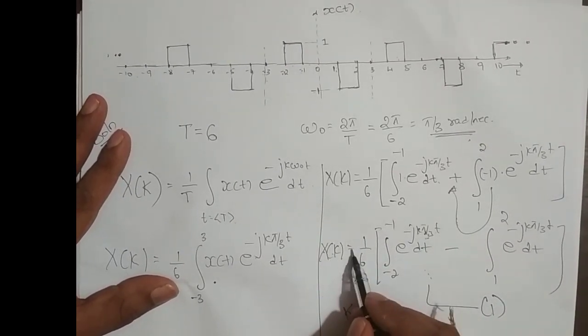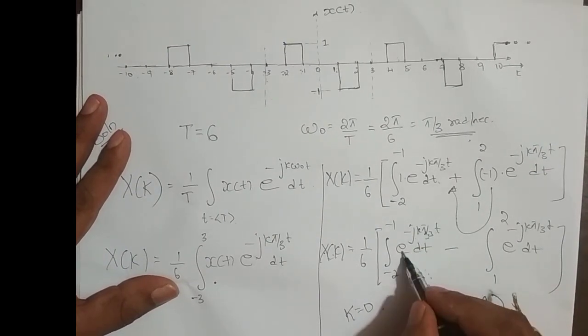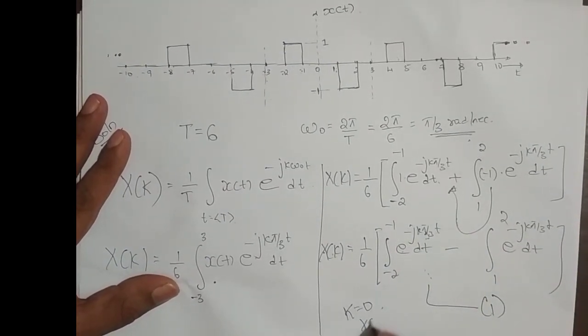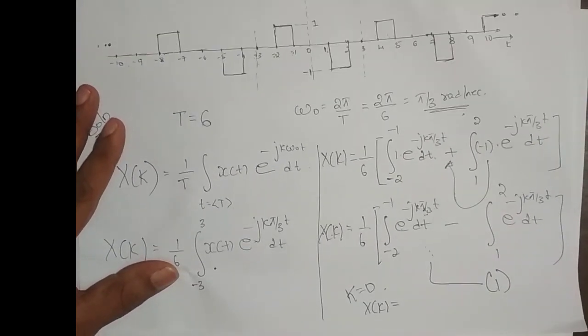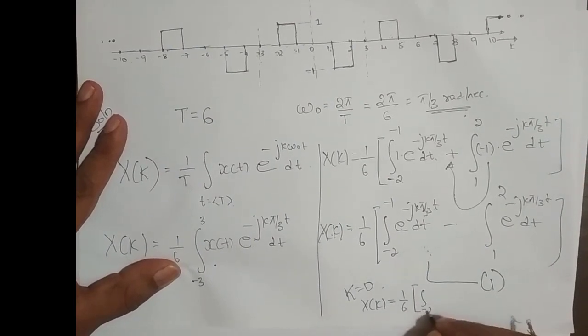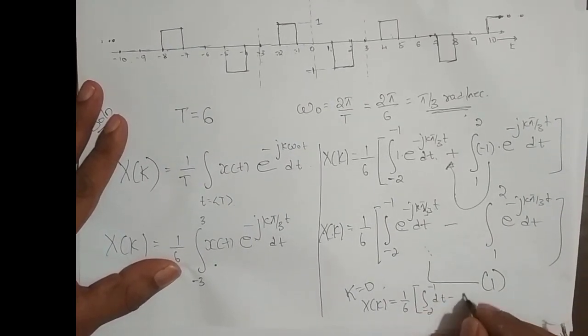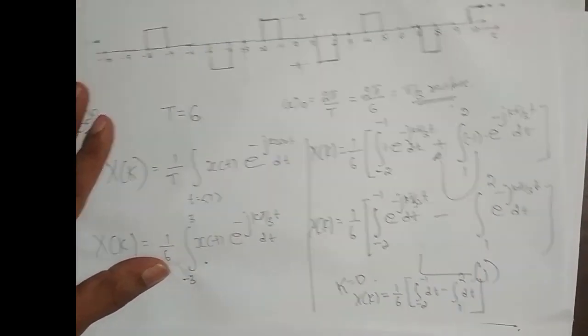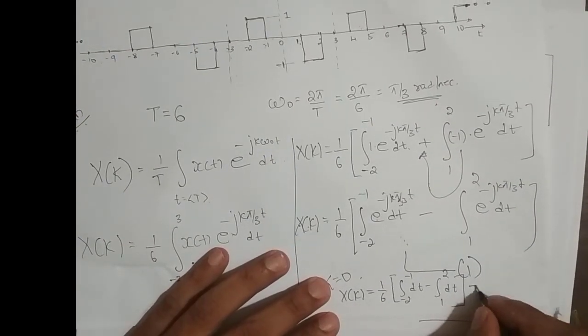When I put k equal to 0, x of 0 is equal to what? This is e power 0, which is 1, and this is e power 0, which is 1. So what I get is x of k is equal to 1 by 6 times the integral from minus 2 to minus 1 of dt minus the integral from 1 to 2 of dt. I hope you can manage with this.